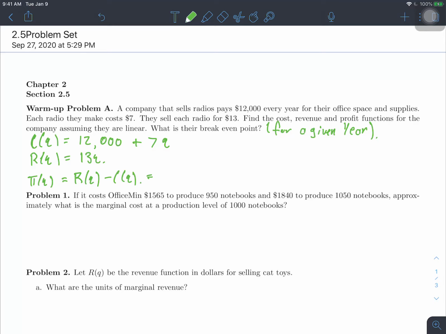R of Q comes first, that's 13Q minus, and I'm going to put in parentheses, 12,000 plus 7Q. I use the parentheses because I want to make sure I distribute that negative sign. So we get 6Q minus 12,000.